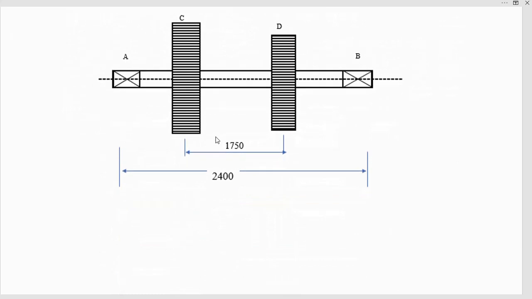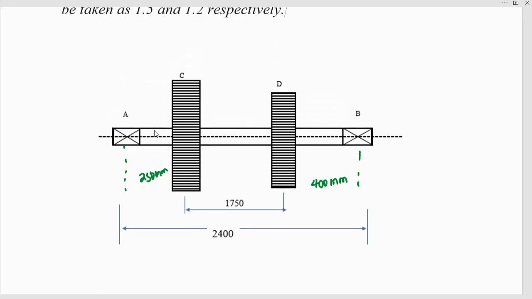So we are given, from here to there, we have 250 millimeters, then we have 400 millimeters. From the center line of this bearing to the center line of this gear D, we have 400 millimeters, and from the center line of C to the bearing A, we have 250 millimeters.